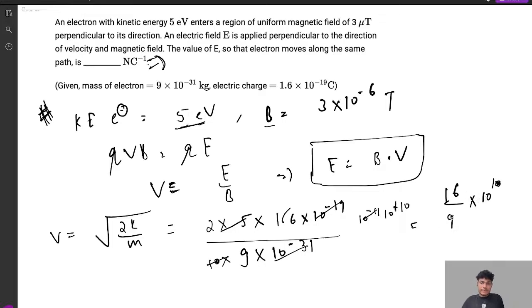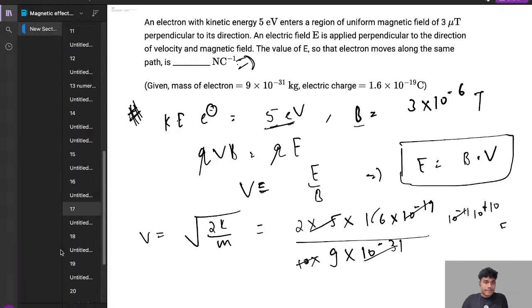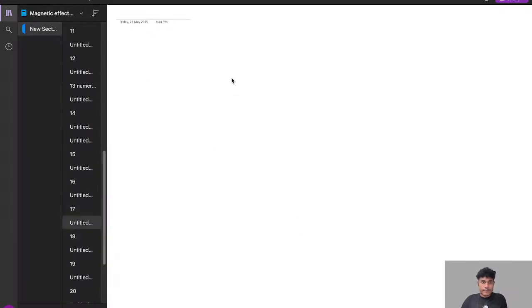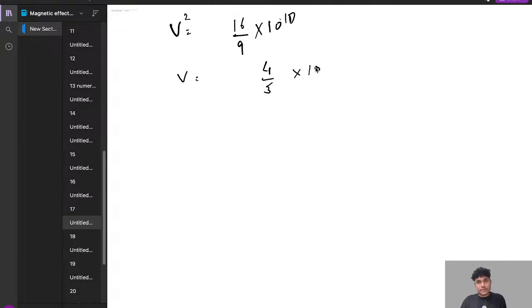Understand? This is correct. From here we get V is equal to 4 by 3 times 10 raised to power 5.